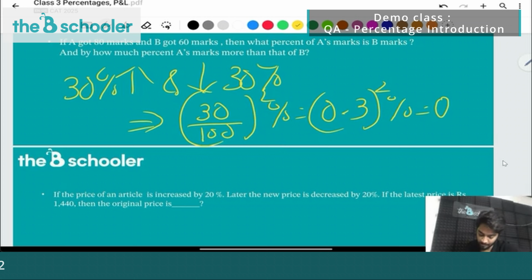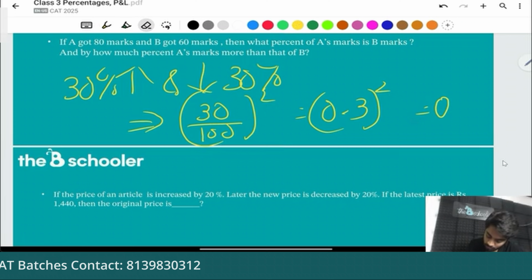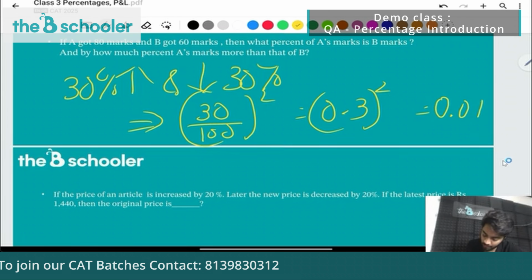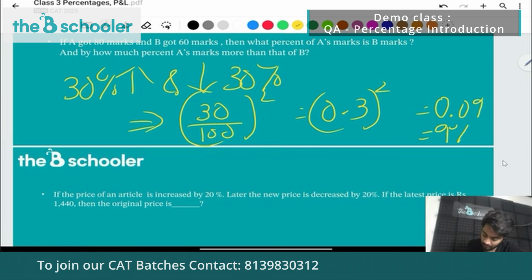Sorry, my bad, we shouldn't put the percentage here. Which is nothing but 0.09, which is nothing but 9 percentage drop.